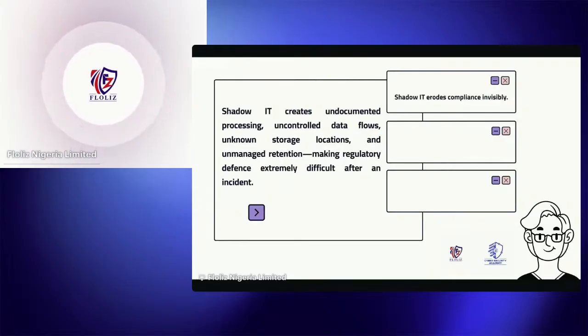So nobody is saying don't use applications such as WhatsApp, ChatGPT, or Zoom, or any other application that you can easily integrate to make your work easier.